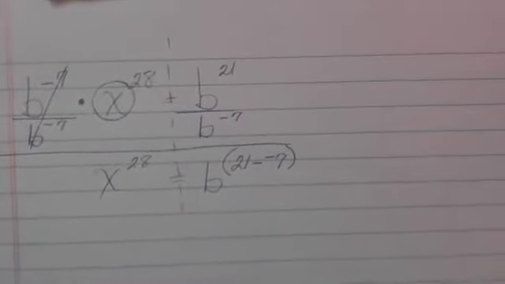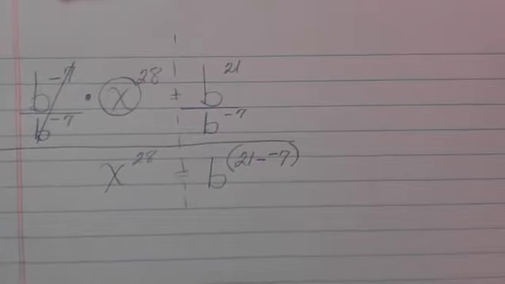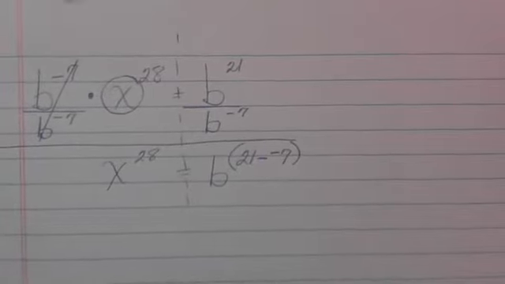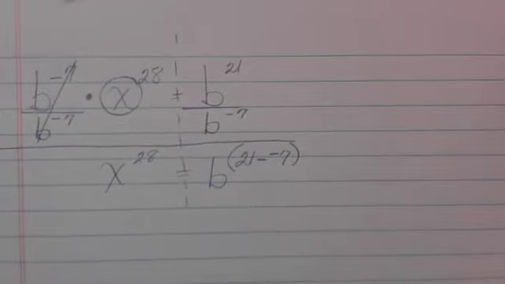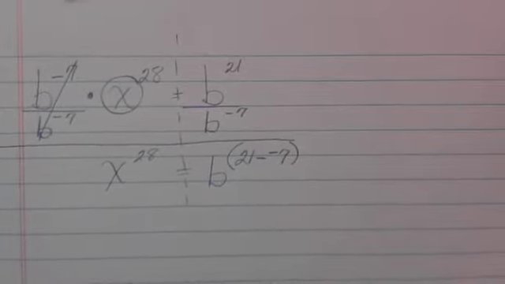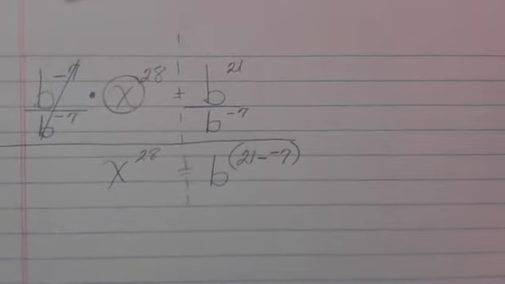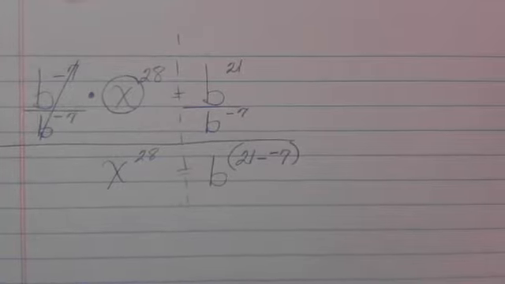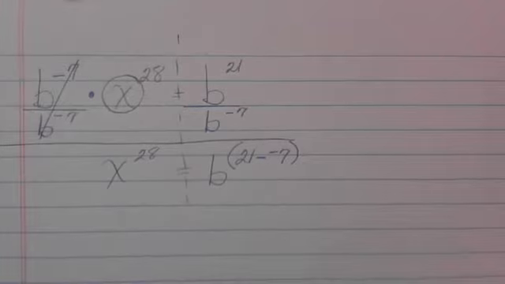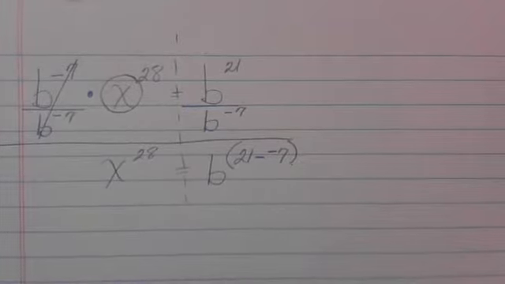X to the 28th, and if we have same bases on the right-hand side, the b's are the same, and they're divided, so that means we have to subtract our exponents. So we have 21 minus, but then you need to also use the -7. So that's going to turn into 21 plus 7. Do you see it? Yes. So that's 28.